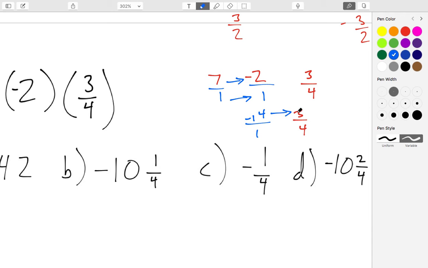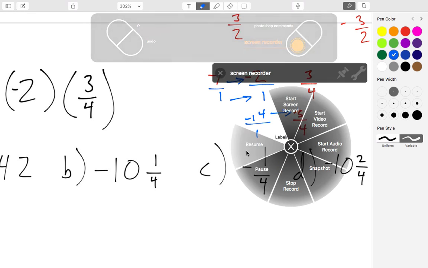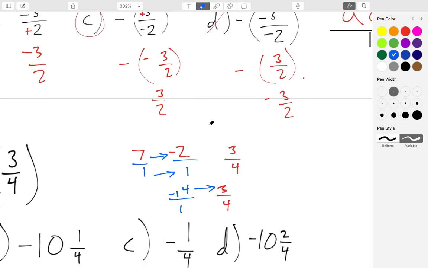What is negative 14 times 3? Okay, try this out on your paper. You should be copying this as we go, guys. You're not just sitting there. Okay, let's continue.